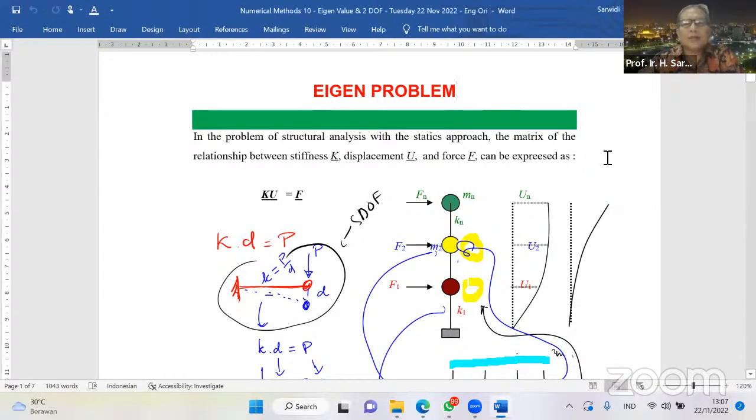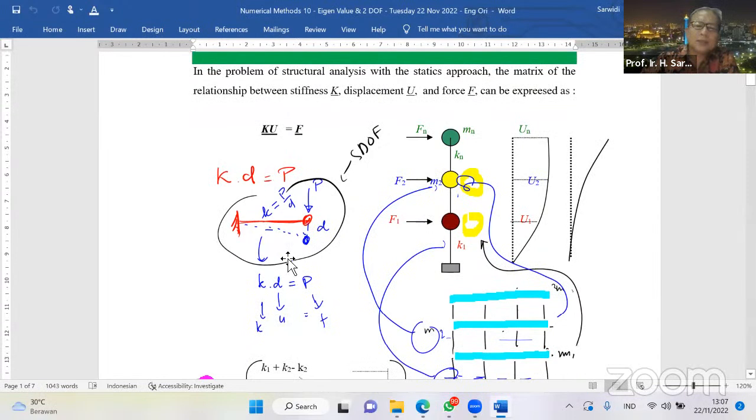Okay, so start from the need of structural analysis. Yeah, for example, you can see here the first structure.